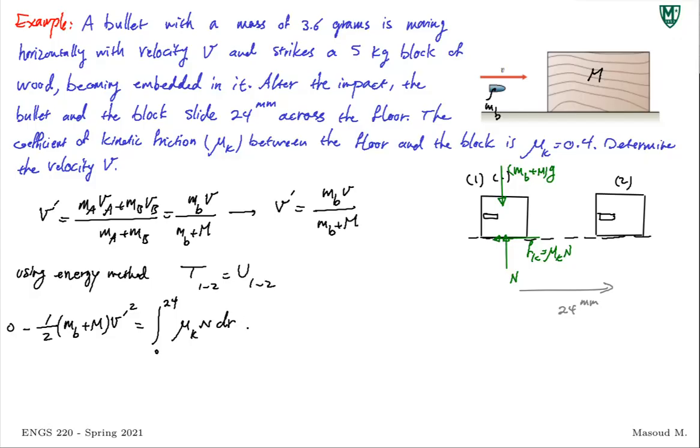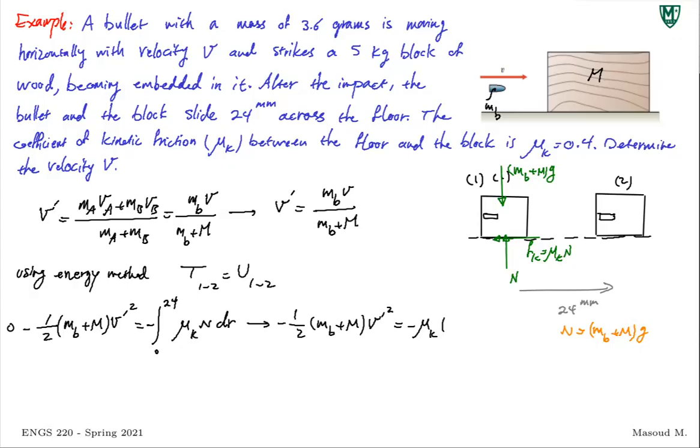This we can write in a simpler term: 1 over 2 (mb plus m) v prime squared is equal to, well, mu k is given, N is equal to mg. This is also negative because it's the work done by friction. So minus mu k, remember N, from here we know that N is equal to (mb plus m) g.